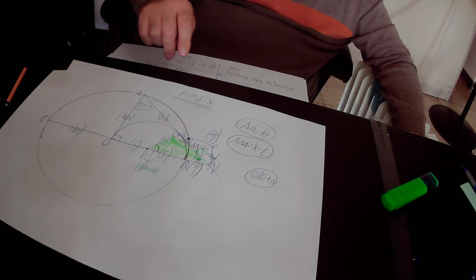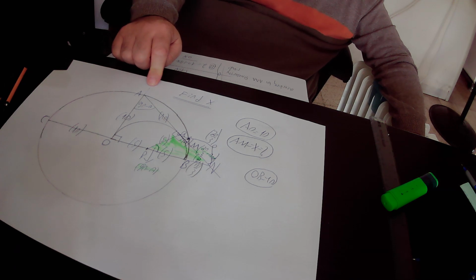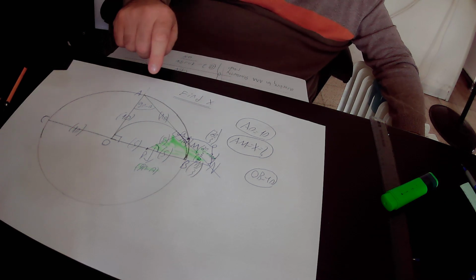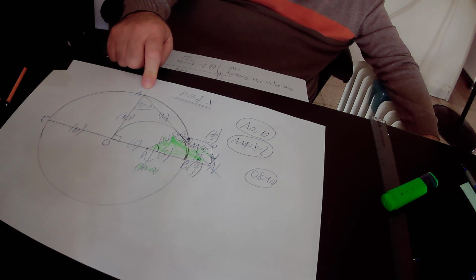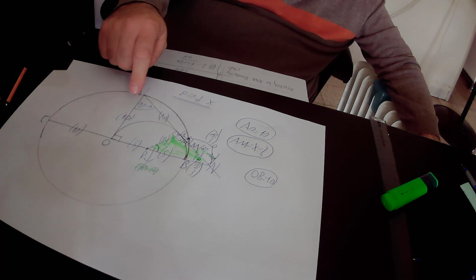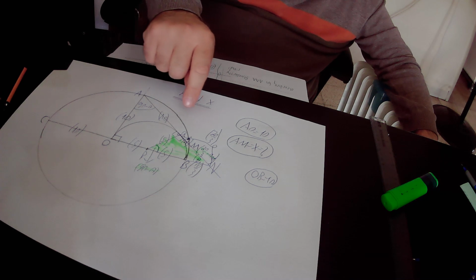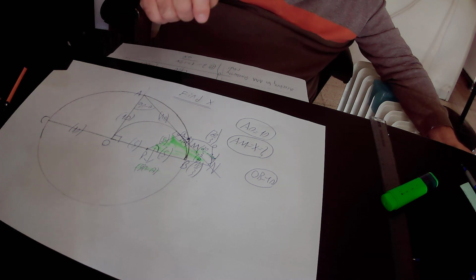Then we focused on point A. Point A is an external point in relation to this semicircle, and from the common external point A, we have two tangents to this semicircle, tangent AO and tangent AQ.